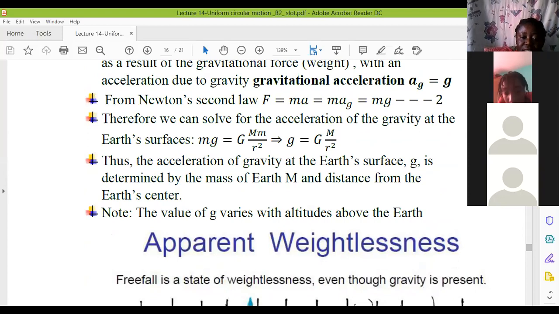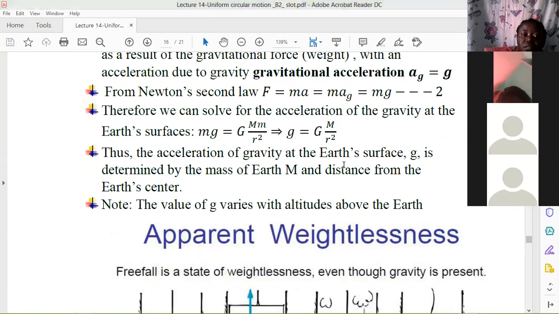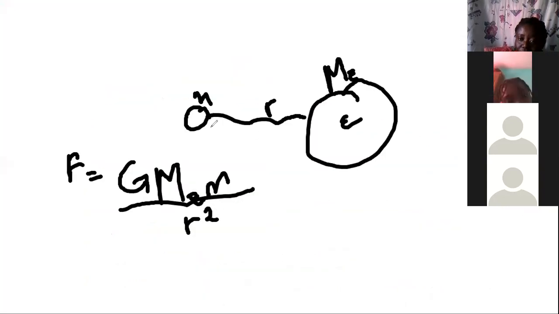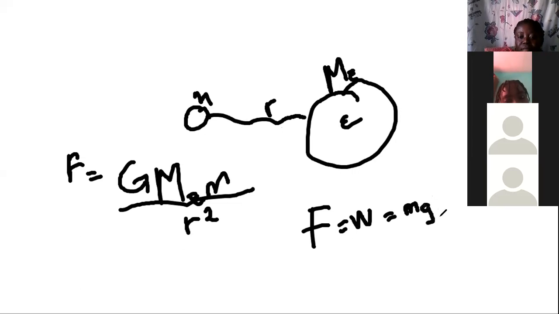So if this object is falling due to the gravitational acceleration, then the force equals the weight, which equals the mass times the gravitational acceleration.